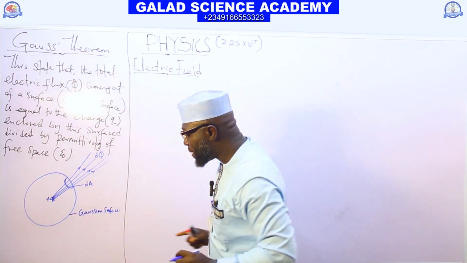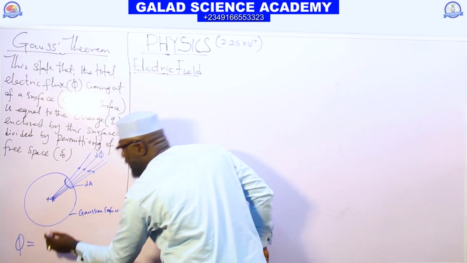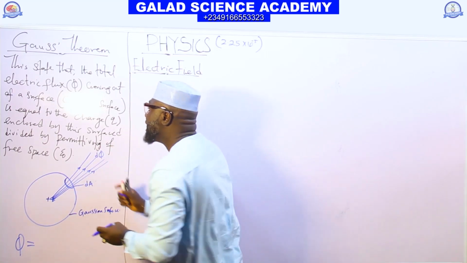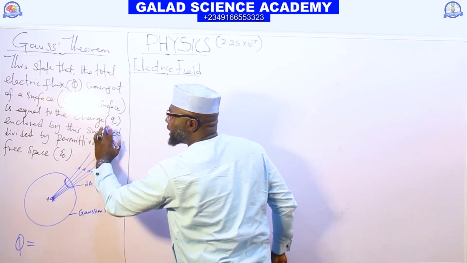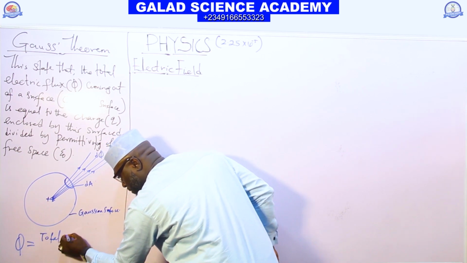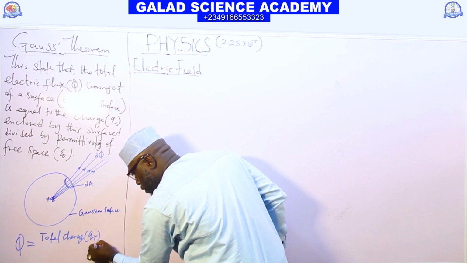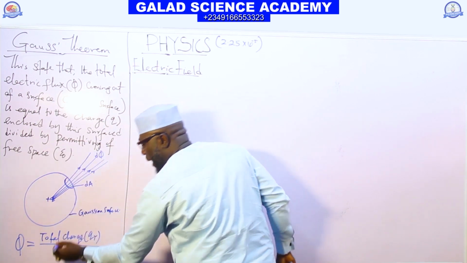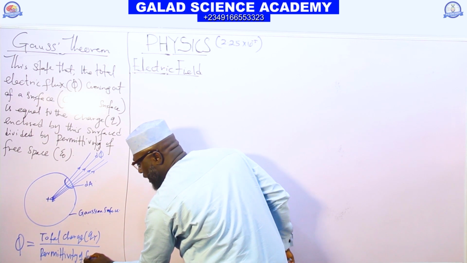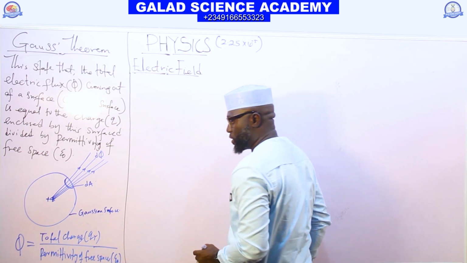So according to Gauss, the electric flux, this is flux, that is coming out from the Gaussian surface, the lines of force that's coming out from the Gaussian surface, is equal to the charge enclosed, that is the total charge Q, divided by permittivity of free space, which is epsilon naught.